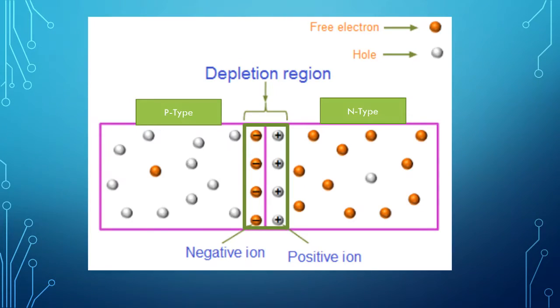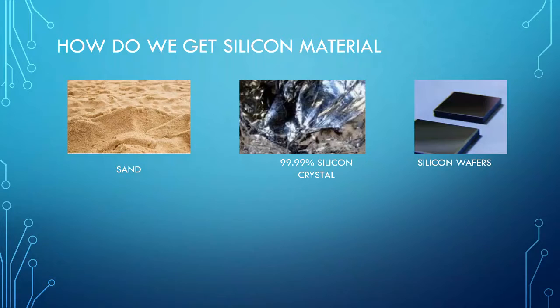So next we see how we are getting the silicon material, because the p-type and n-type semiconductors are made up of silicon material. Basically, we are getting silicon from sand. After doing some processes, finally we get the silicon, and that silicon will be converted into wafers.